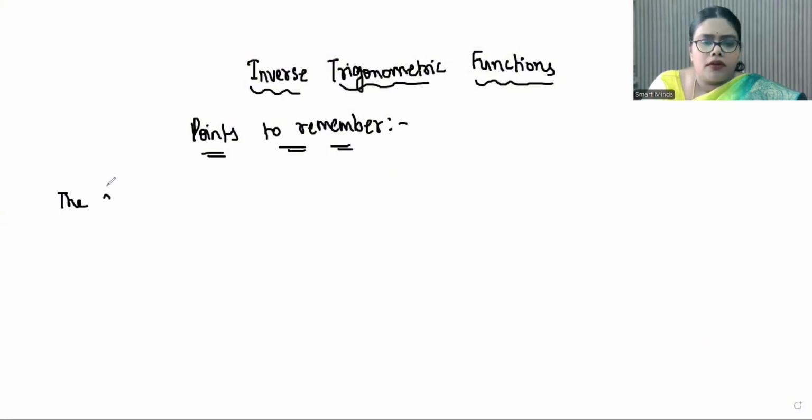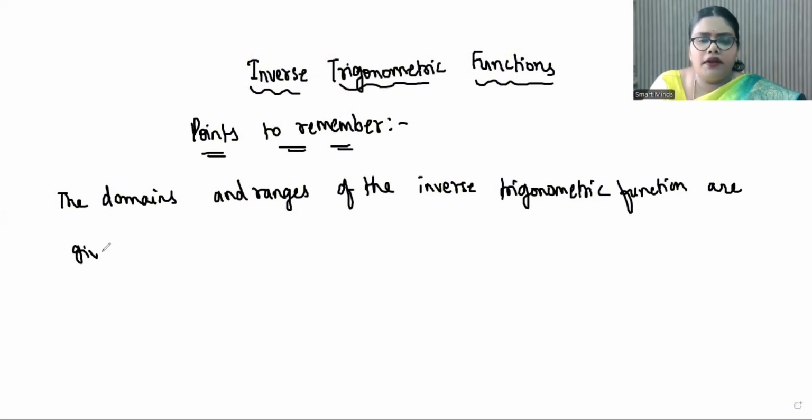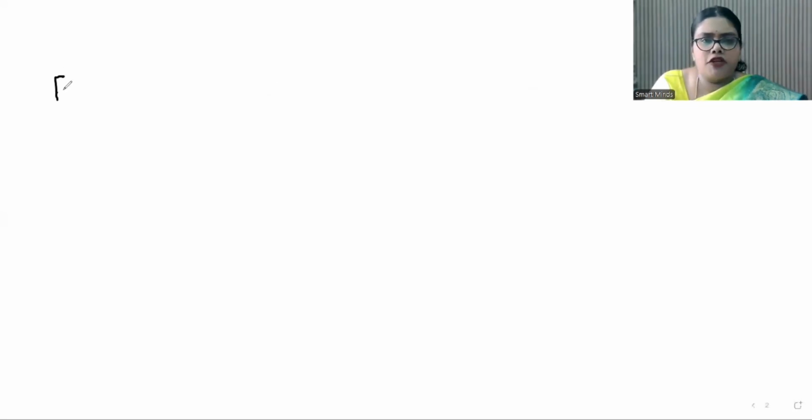So the domains and ranges of the inverse trigonometric function are given in the table. So I will give you function and its respective domain and range.